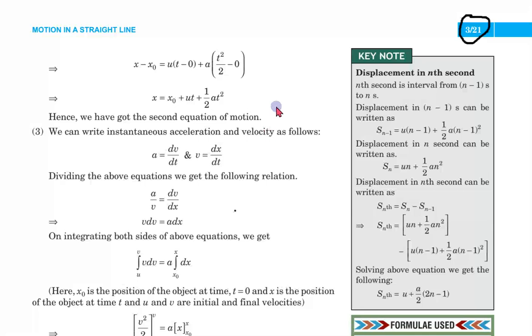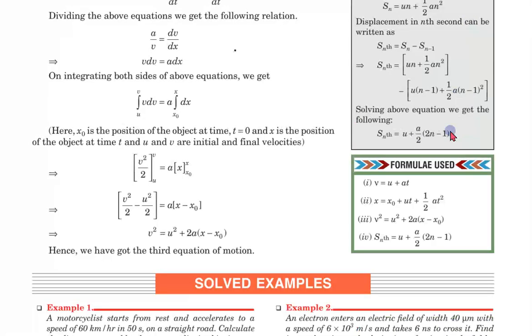But most motion can be considered as straight line even if it moves along a square. Suppose this is a square, so this is a straight line, so I can apply motion in a straight line here and here and here, in all four sides. So we learn the basic motion of a particle, that is in a straight line.